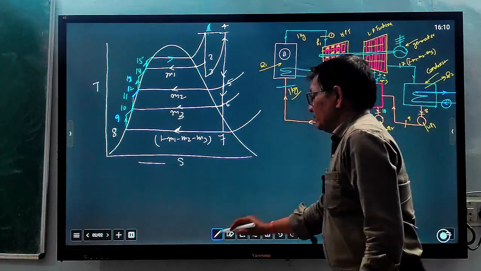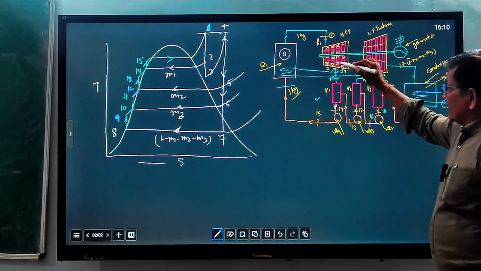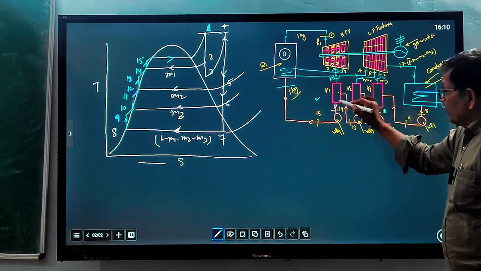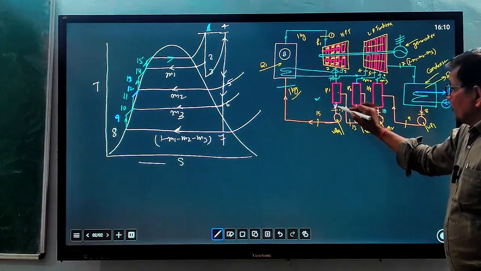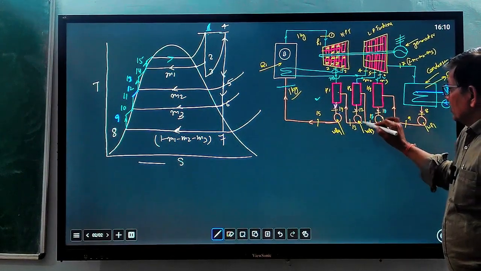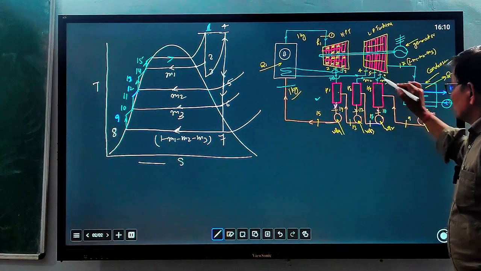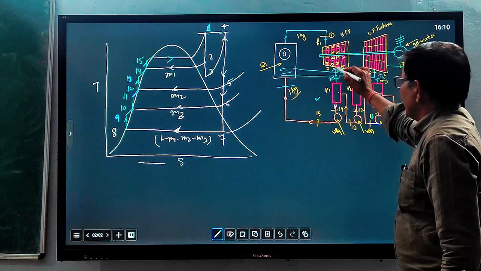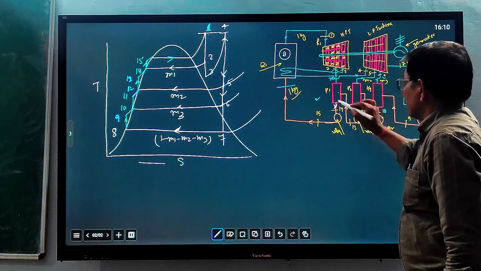You can see that at this heater there are 2 streams incoming and 1 outgoing. State 14 is outgoing, and here 13 and at state 2 steam is incoming.